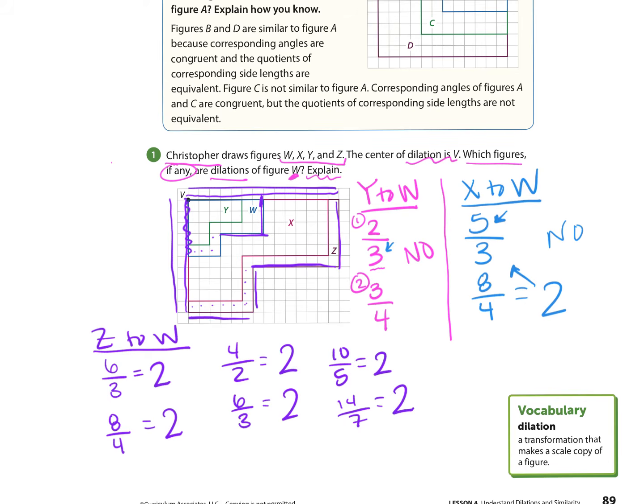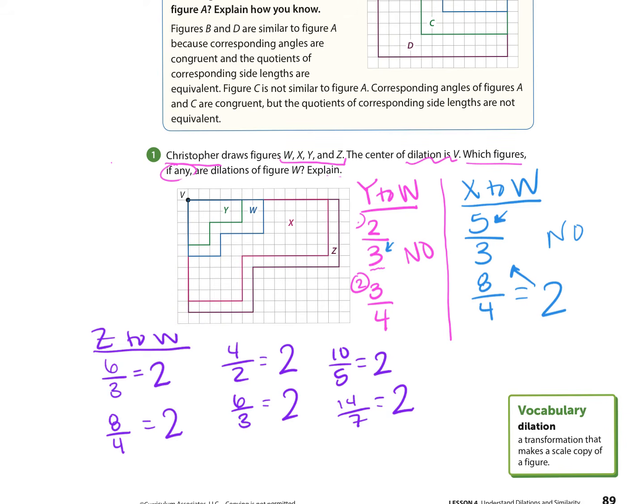All of these corresponding sides reduce down to the same fraction, which means corresponding side lengths are proportional. Okay? The question is, it has to be similar, so I can't just talk about the sides. I now need to talk about the angles. Let me clear this up.